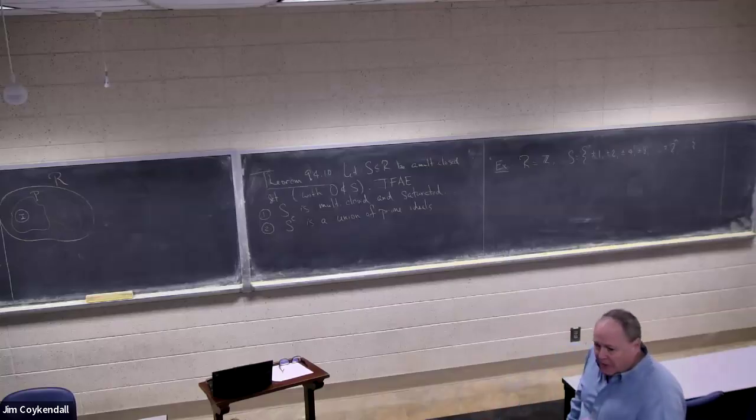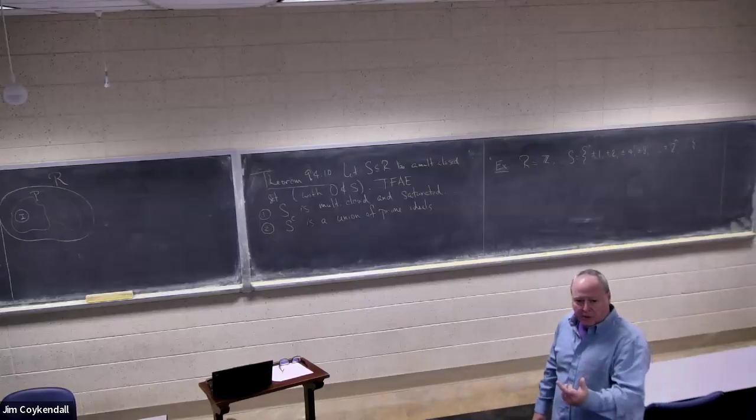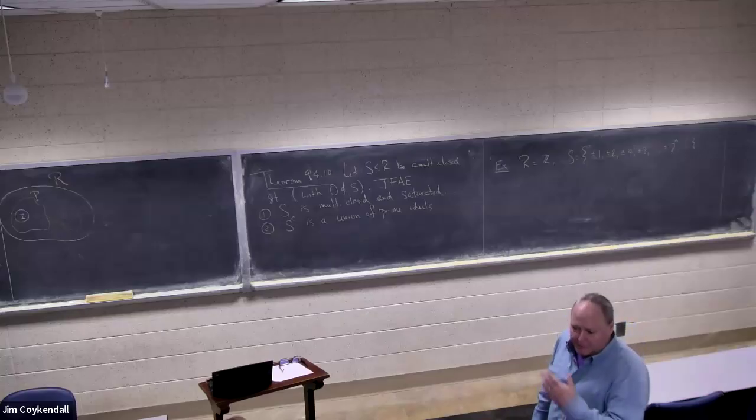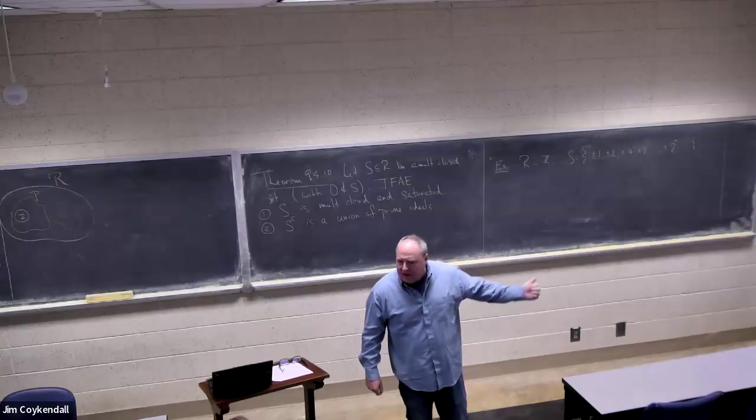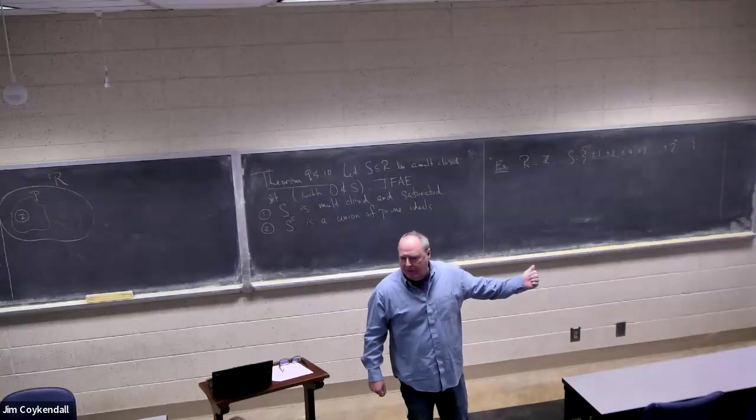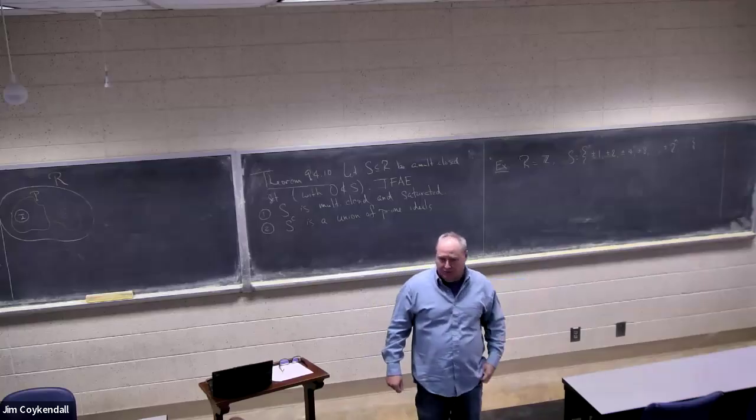Notice, this is a multiplicatively closed set, because when you multiply two powers of 2, you get another power of 2. And it's saturated, because anything that divides a power of 2 can only be another power of 2 by unique factorization of the integers. Everybody agree with that?